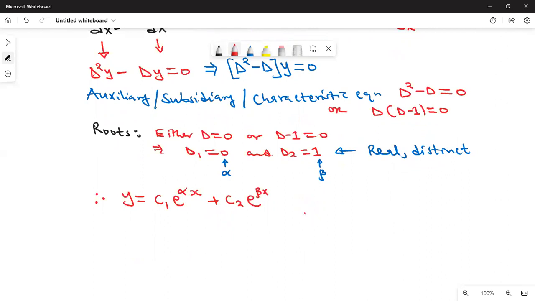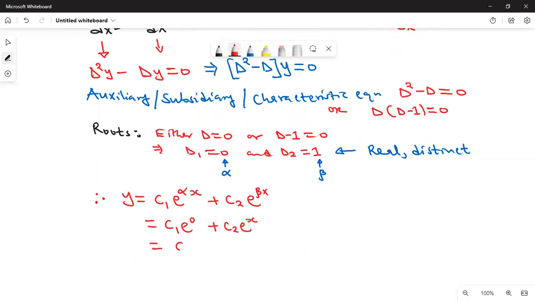So this can also be written as c1 exponential 0x, which is just c1, plus c2 exponential 1x, which is just e to the x. Anything raised to 0 is 1.